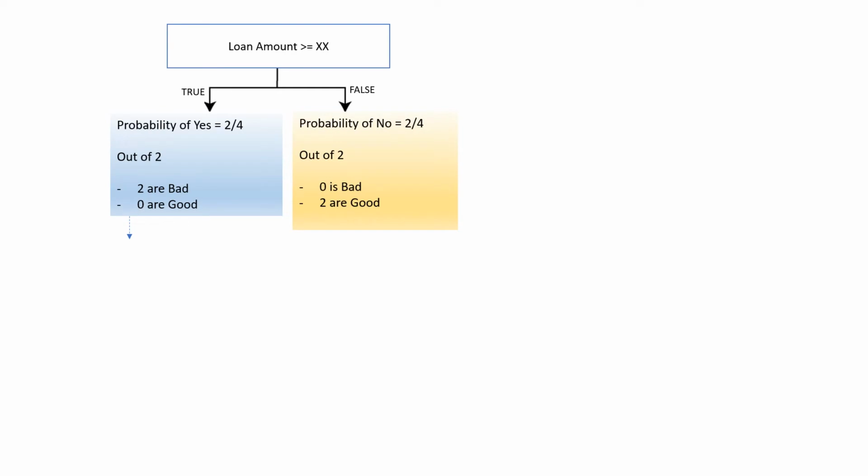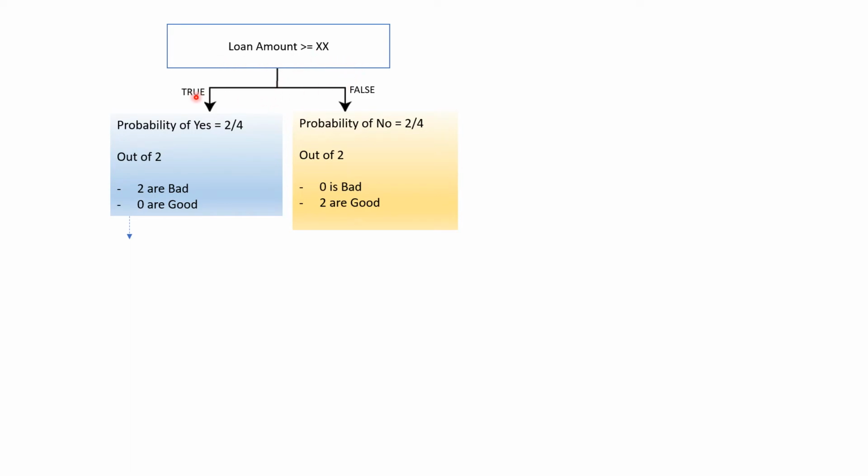To understand this more clearly, let's take one more example. I haven't taken any data set here, but assume that we have a data set with just 4 records and we apply a condition on loan amount in such a way that it splits the data equally, as in we get all the good on one side and bad on the other side. Okay, so the condition is loan amount greater than or equal to some amount xx.